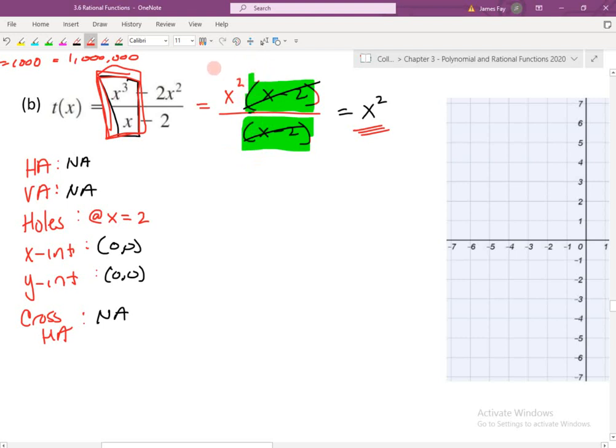Basically what happens if I put in 1.9, 1.99, or 2.01, 2.001, evaluating those numbers is going to give me y values very, very close to 4 every time, instead of increasing to positive infinity or negative infinity.